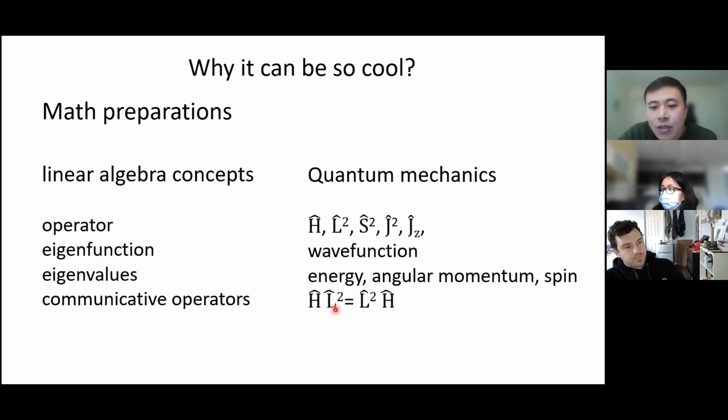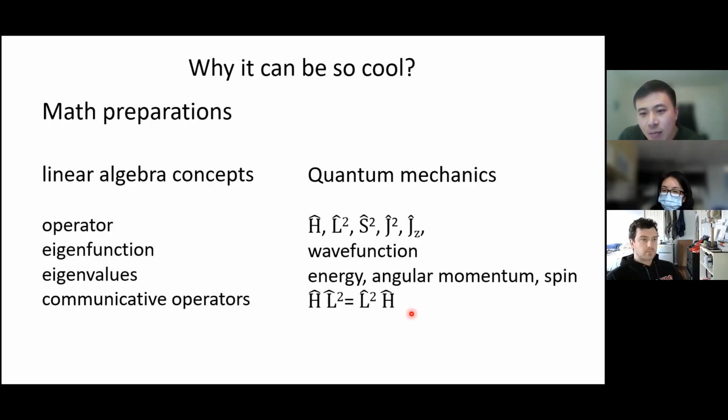So if this part is acting on a psi or wave function, it will have the same effect as this part acting on a wave function. So this may be trivial, right? Especially if we only associate this with multiplication, because we know multiplication is commutative, and A multiplied by B equals B multiplied by A. So we say that it is commutative.